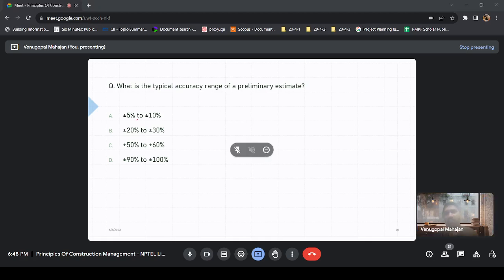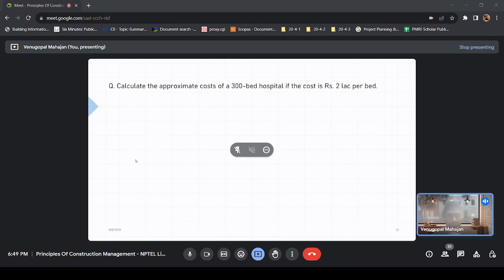For 5 to 10%, you will see that this range is even in your detailed estimate. So your preliminary estimates are more in the range of 20 to 30%. If we are going by 50 to 60%, that is too much for us, and 90%, then it's God's wish now.